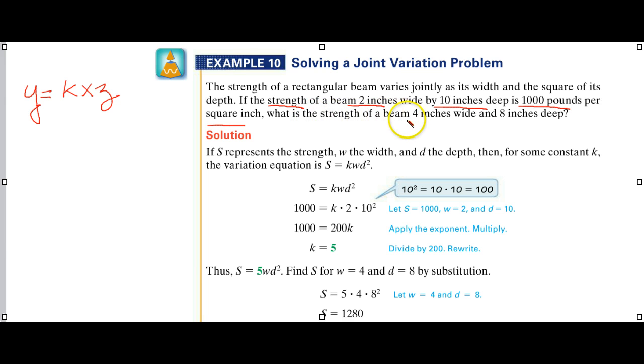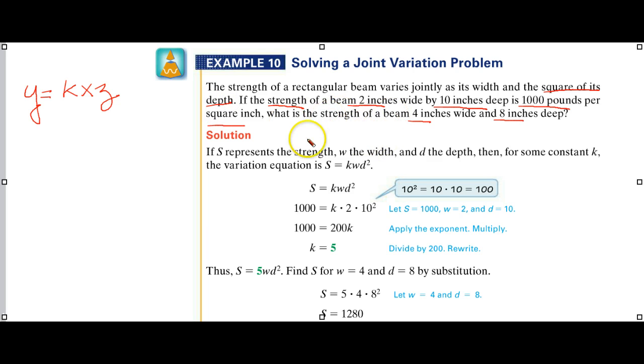What is the strength of the beam that is 4 inches wide and 8 inches deep? And we need to mention it's the square of its depth.